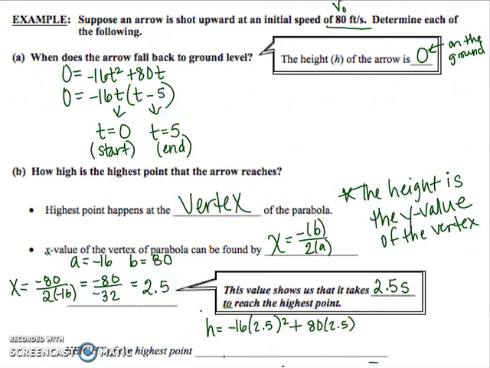You type that into your calculator, and it tells you that the maximum height this arrow reaches is 100 feet. And I just wanted to add a little note right here: the time is the x value of the vertex.